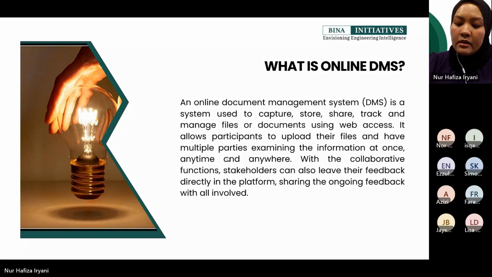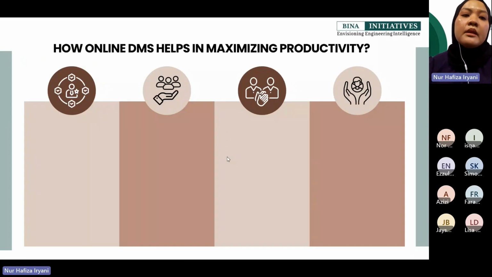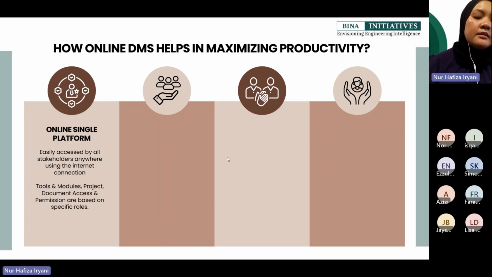All right. So how does online DMS help in maximizing productivity? I can share with you 8 points on how DMS can help with this problem. First, online single platform. We are talking about cloud-based hosting that can be easily accessed by all stakeholders anywhere using an internet connection.